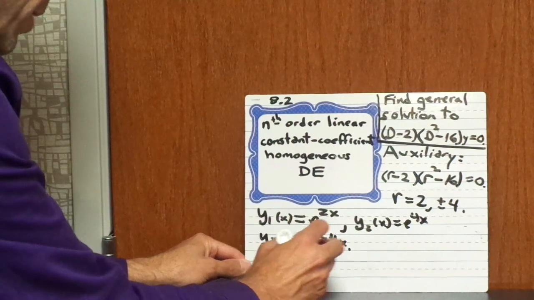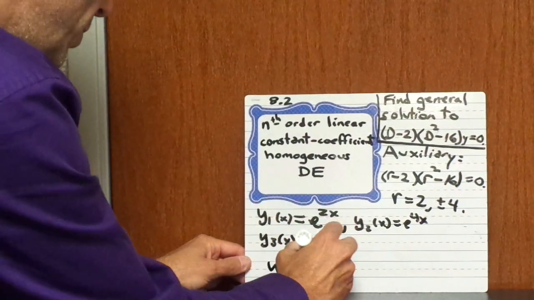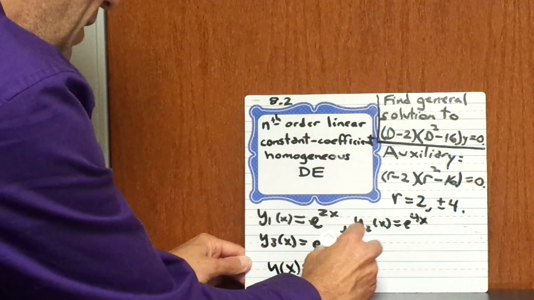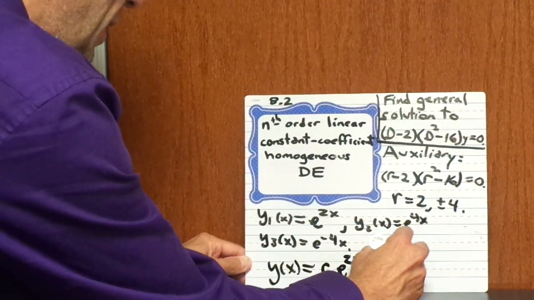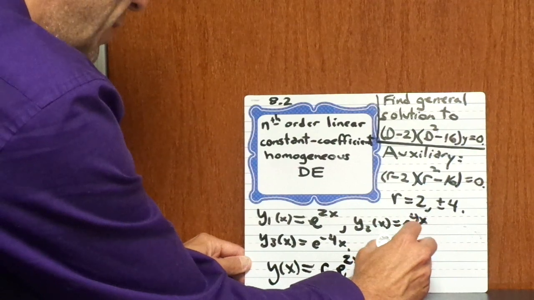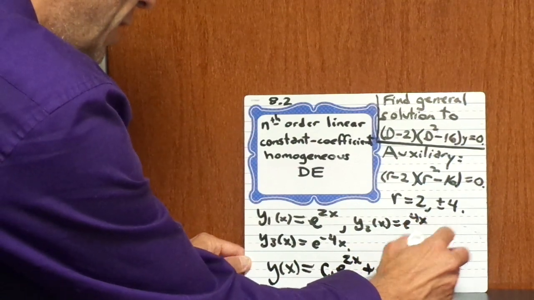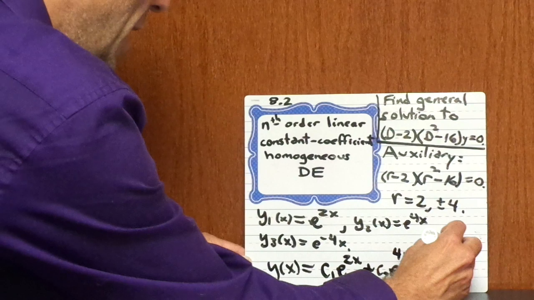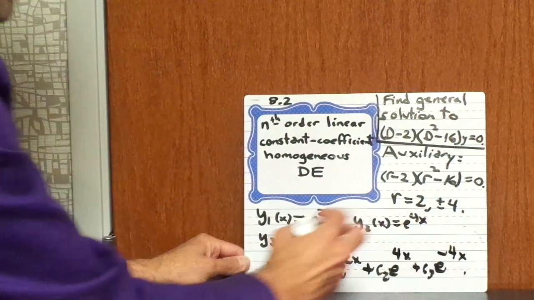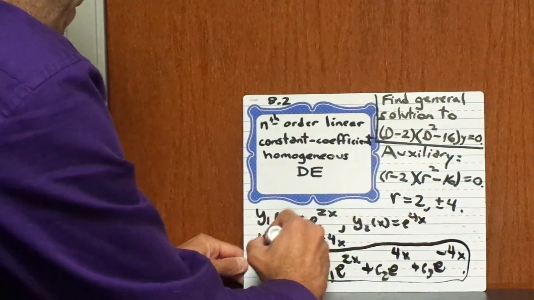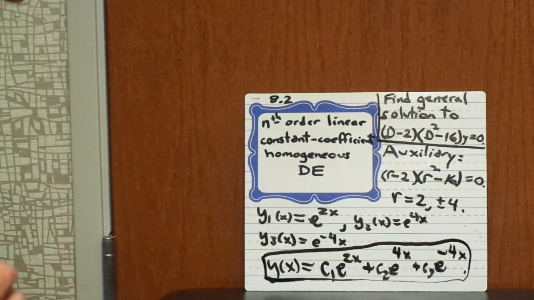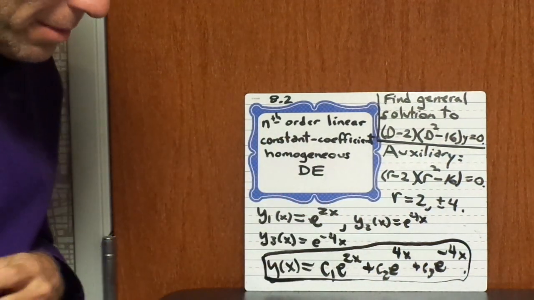Well, it's just going to be y of x equals c1 e to the 2x plus c2 e to the 4x plus c3 e to the negative 4x. That would be the answer to this problem. Okay? So there you go. That's the basic idea behind it.